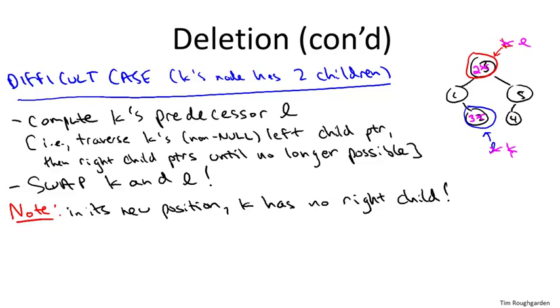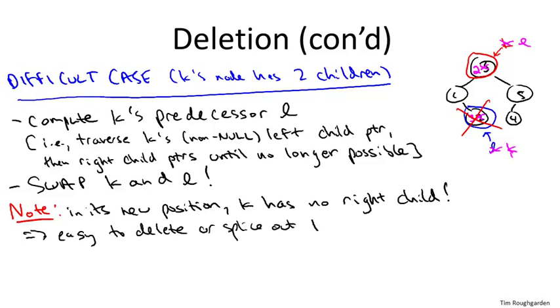And if we want to delete a node that has only 0 or 1 child, well, that we know how to do. That we covered on the last slide. Either you just delete it, that's what we do in the running example here, or in the case where k's new node does have a left child, you would do the splice out operation. So you would rip out the node that contains k, and the unique child of that node would assume the previous position of that node.